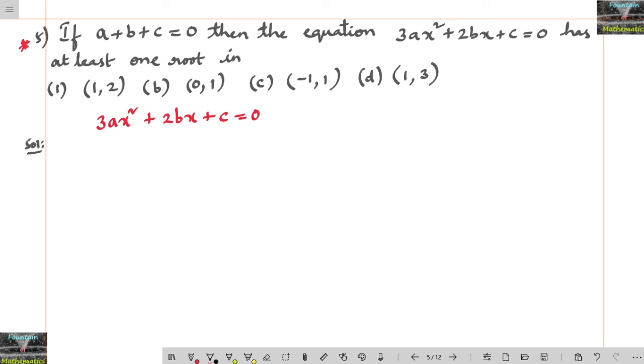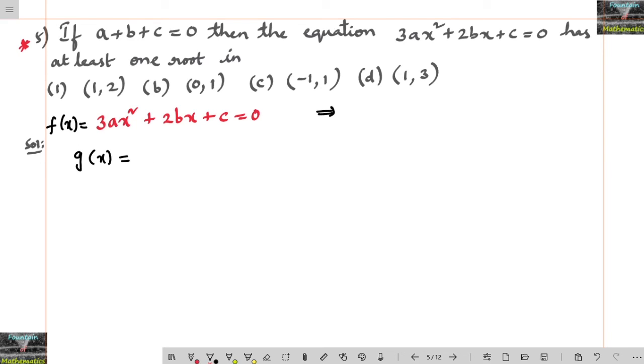So for this, I will take another function in such a way. Let us consider this is your f of x. Now I want one more function, g of x, which is nothing but f dash x, the derivative function.